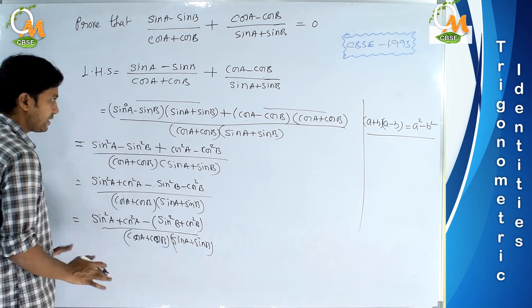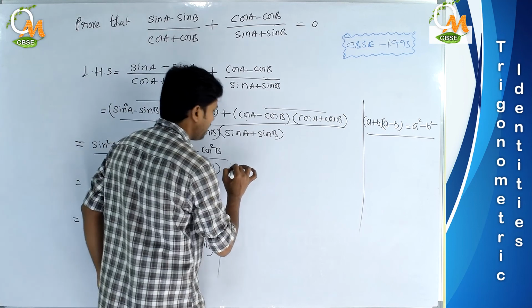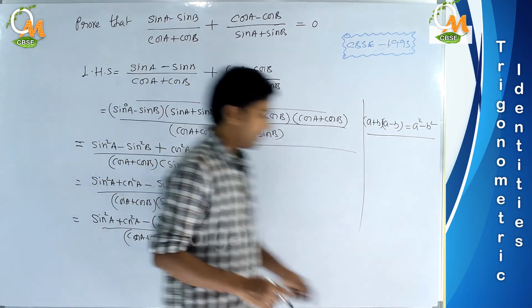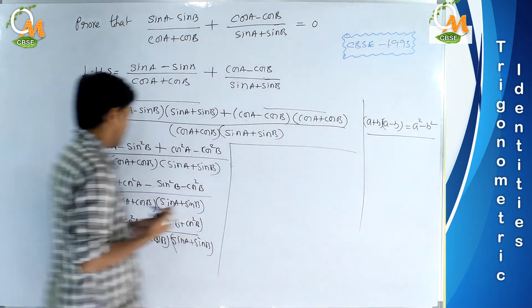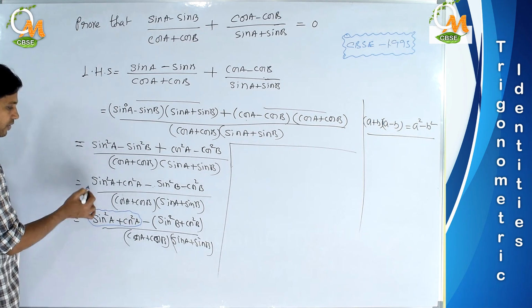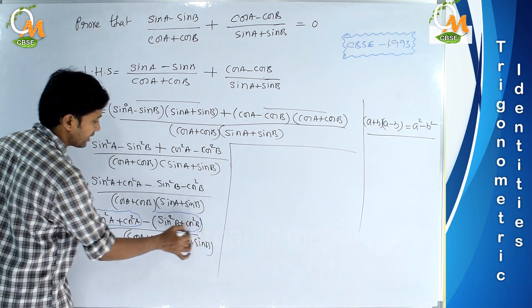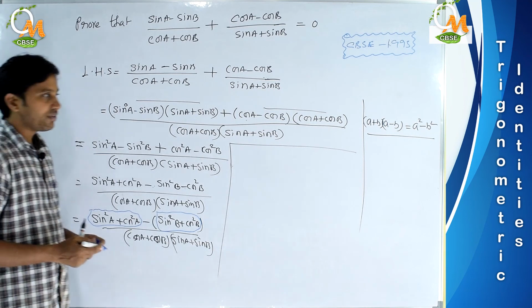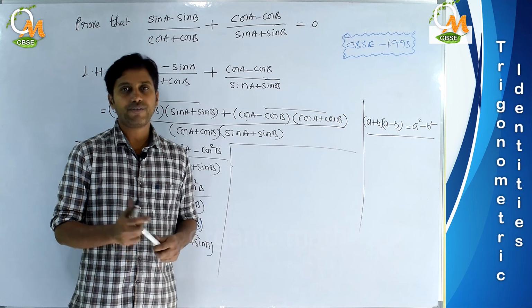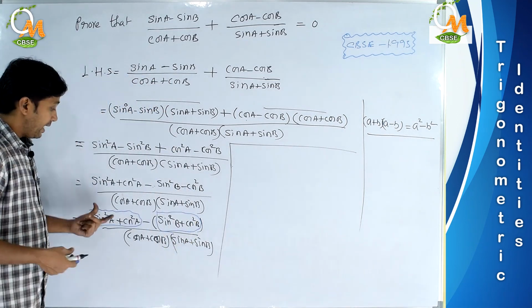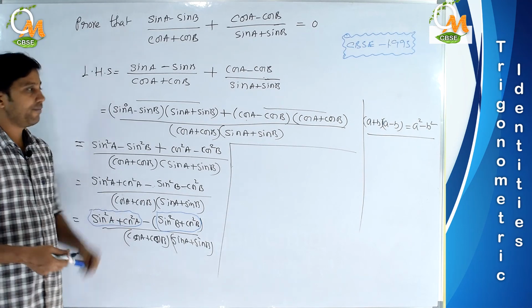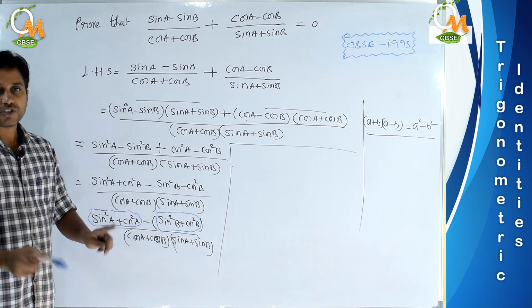Now just look at this. Only one more step is required to get the answer. Is this a trigonometric identity or not? This is the first trigonometric identity, and this is also the first trigonometric identity, because sin square theta plus cos square theta equals 1. So sin square A plus cos square A would be 1, and sin square B plus cos square B also would be 1.